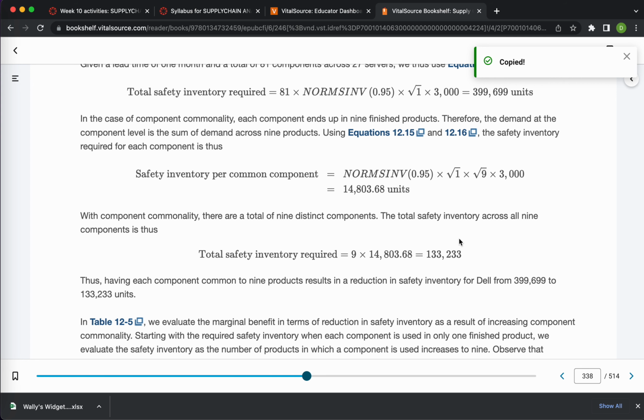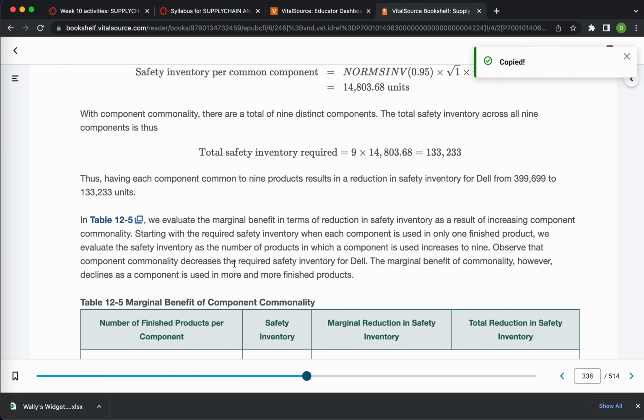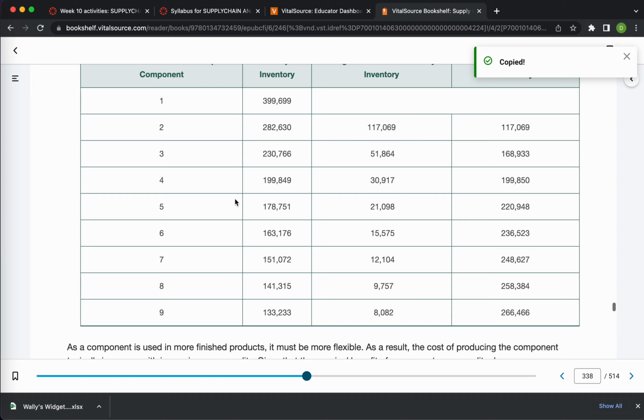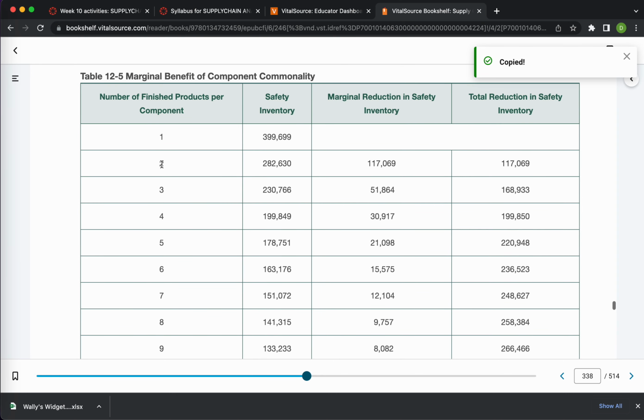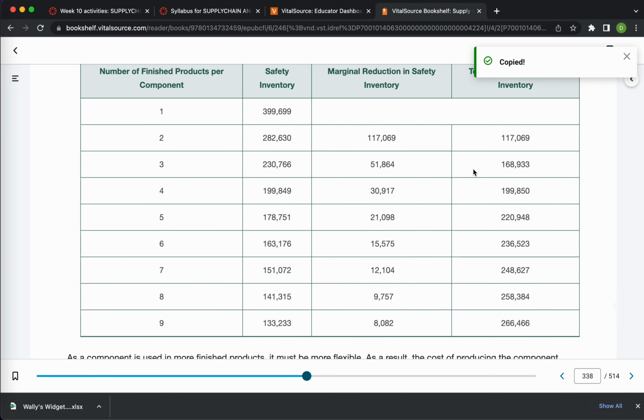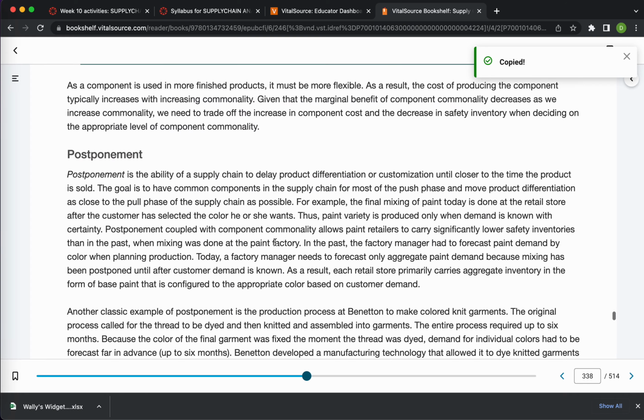Thus, having component commonality reduces the safety inventory from 399,699 units to 133,233 units, right? And you can do the same example based upon the number of finished products per component that you have. You'll notice that there is a lot of reduction in inventory that can happen, right?